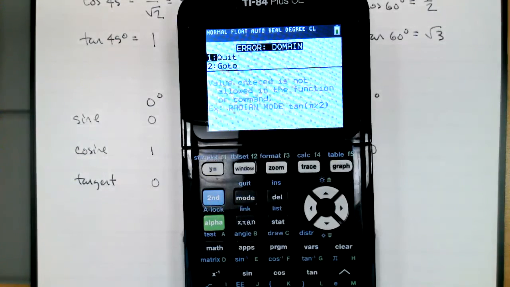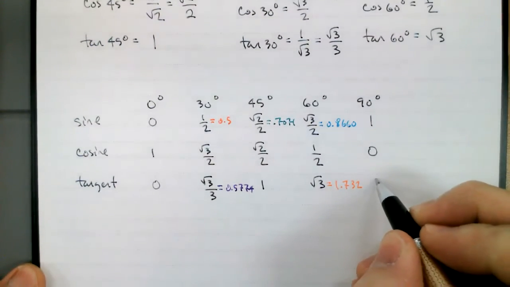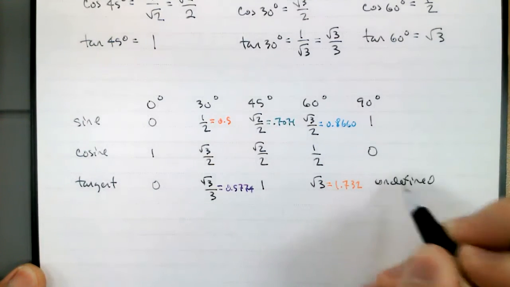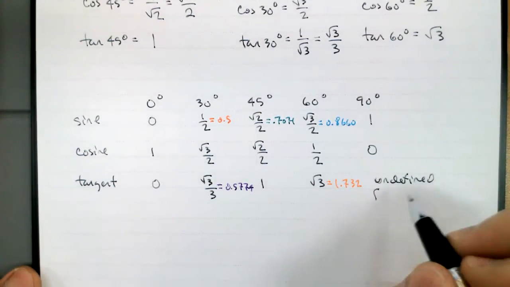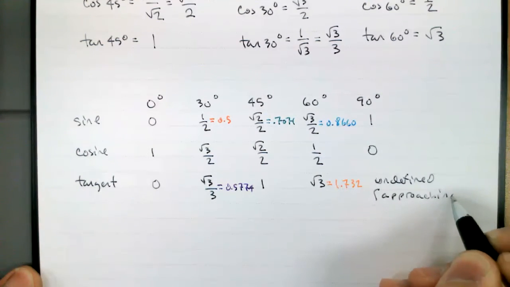The calculator is like, oh, dude, what are you doing to me? This is because the tangent, as theta approaches 90, tangent is headed towards infinity. That's pretty weird. So it's undefined. It's undefined because it's approaching infinity.